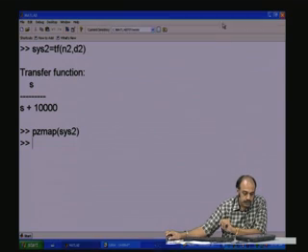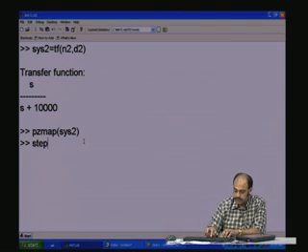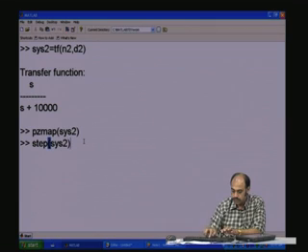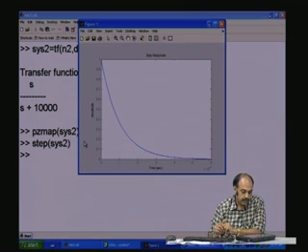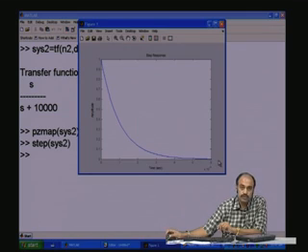Of course, you could also see the step response. If you just plot step sys 2, you would obtain the step response. You see here what is happening, decaying towards 0, whereas in the case of the earlier transfer function it would have been increasing. Now, let us see both together. Now, transfer functions are single input, single output systems.